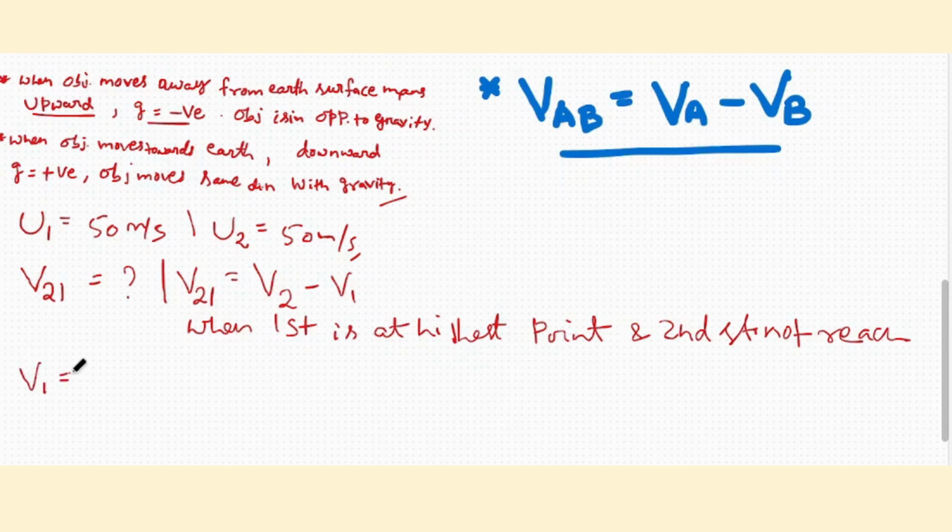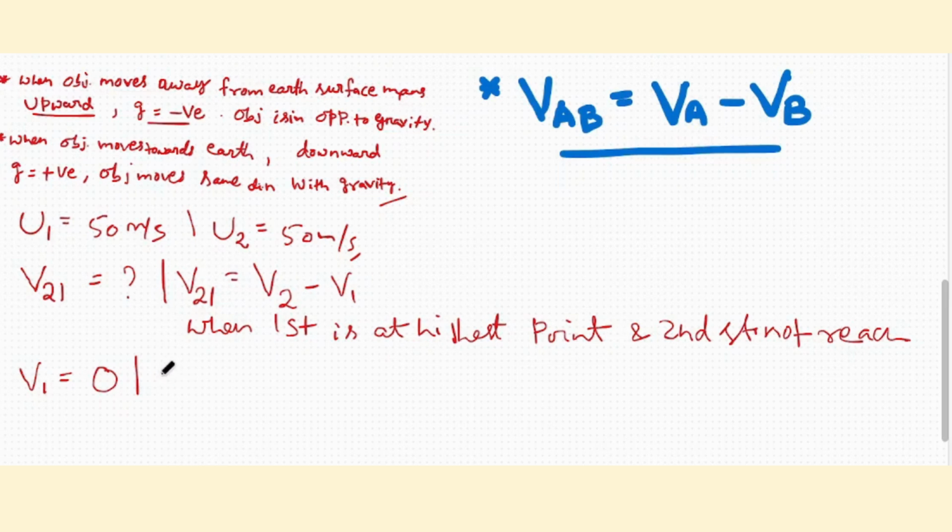V1 means the final velocity of the first stone and U1 is its initial velocity, 50 meter per second. We have to find the relative velocity at the highest point, so when the first stone reaches the highest point, its velocity will be 0. After that it will go down, isn't it?